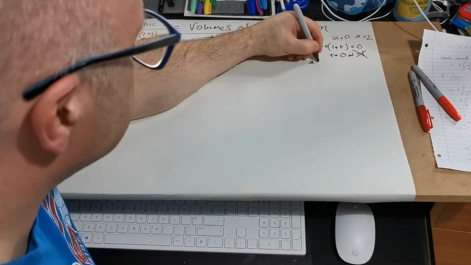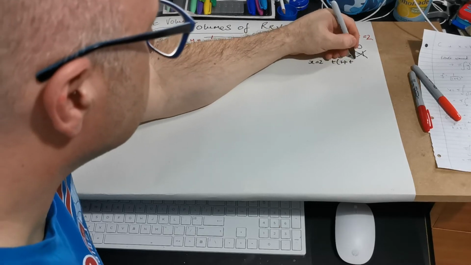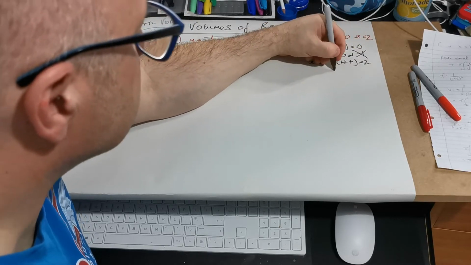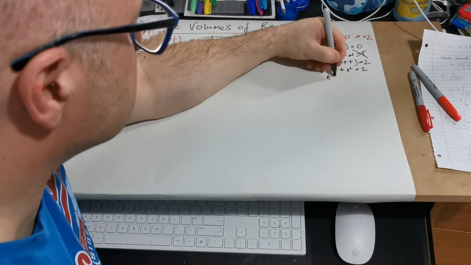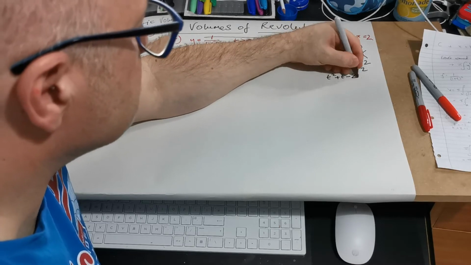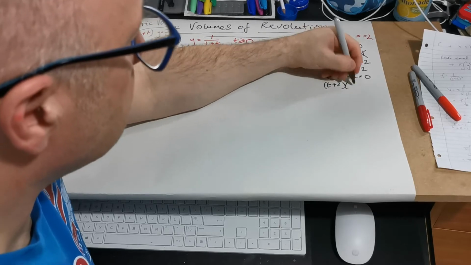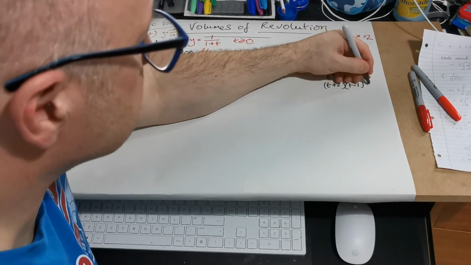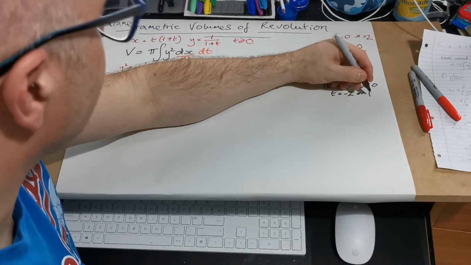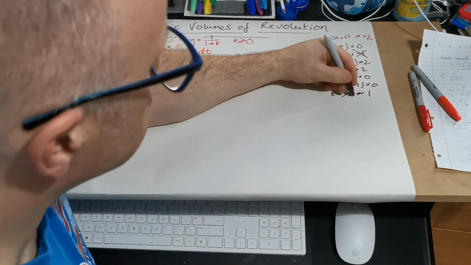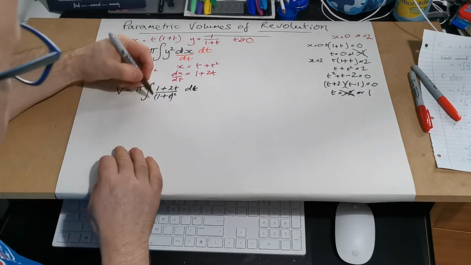When x equals 2, t plus t squared equals 2. Changing that to a quadratic, t squared plus t minus 2 equals 0. So I've got (t plus 2)(t minus 1) equals 0. So t is equal to minus 2 or 1. Again, t is bigger than 0, so I'm going to ignore that. So my limits are between 0 and 1.